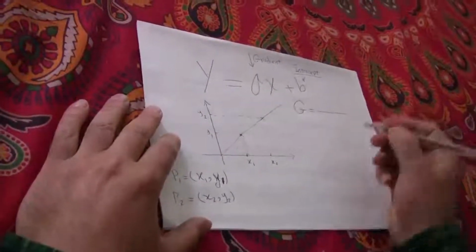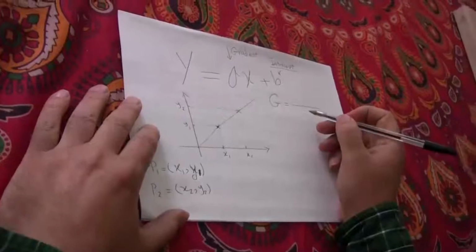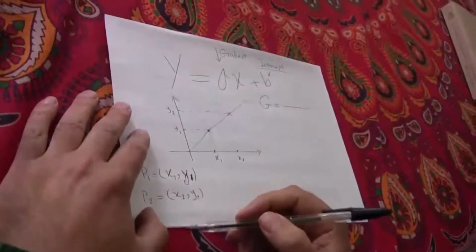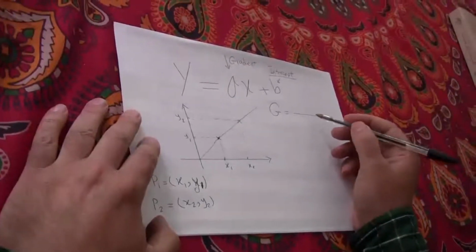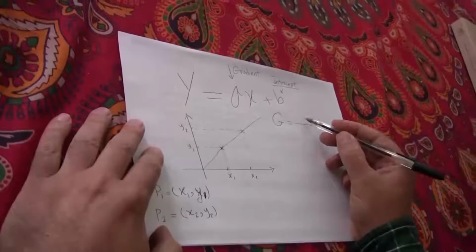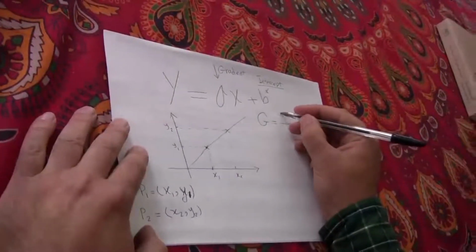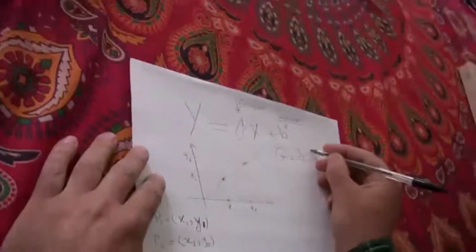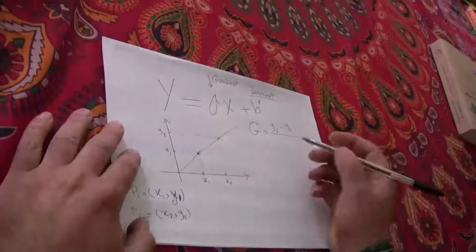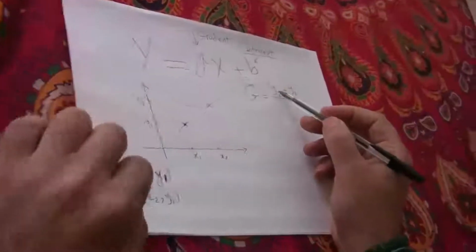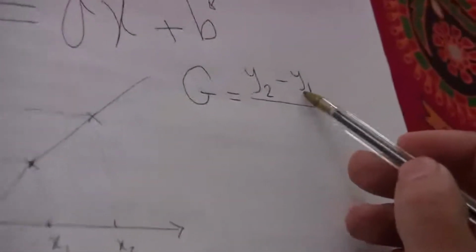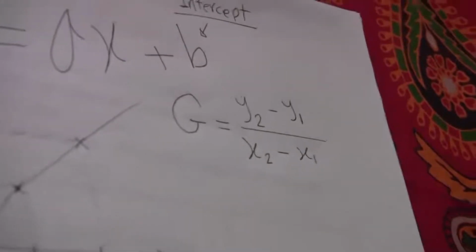If you consider these 2 points, you have a fraction here, and the numerator of this fraction is y2 minus y1, which means the y from the second point and the y from the first point, upon x2 minus x1. This is just the gradient.